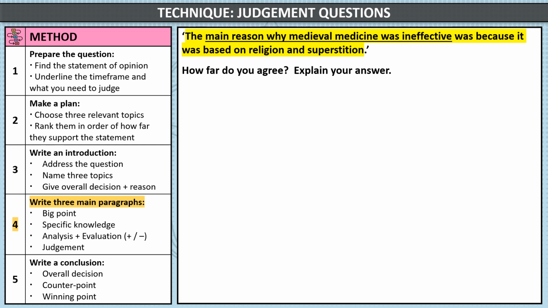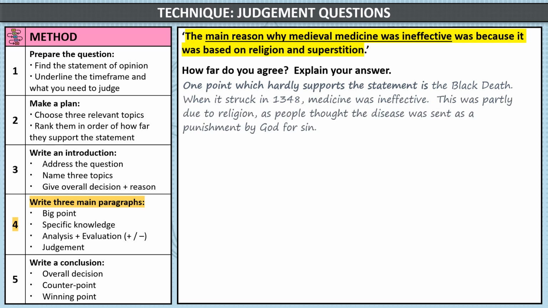I'll show you how that works by writing my paragraph on the Black Death. I'll begin my paragraph with a big point that addresses the question. And then I'm going to start my analysis and evaluation. I will start off by explaining some of the ways that religion made medicine ineffective during the Black Death.